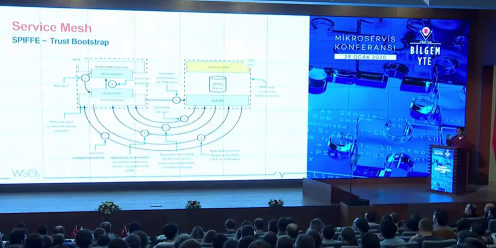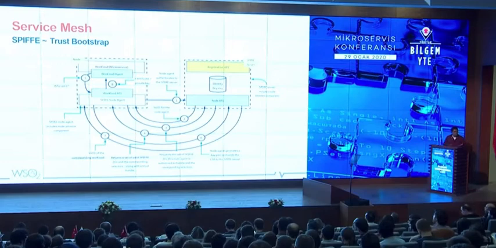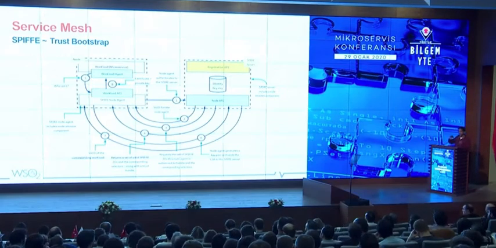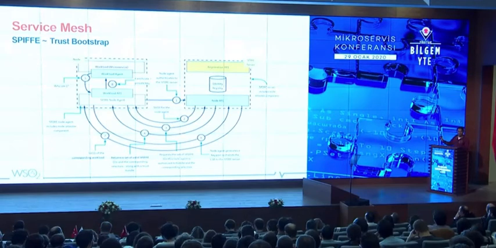So in this architecture, you have a node agent running on the Kubernetes node. Whenever the node agent comes up, it will talk to a SPIRE server, and it will ask for all the workloads or microservices it can host on that particular node.